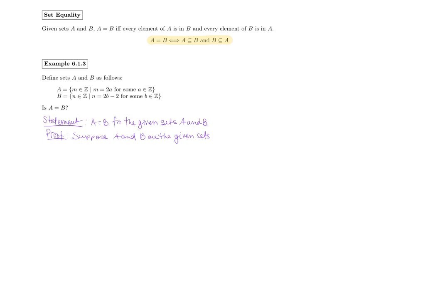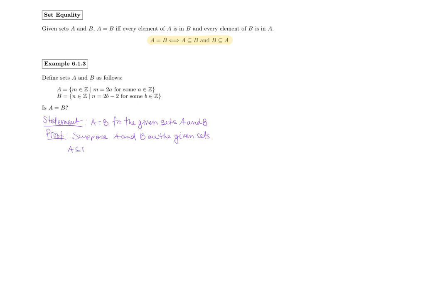Now what we're going to find out when we get into sections 6.2 and 6.3 is that we're going to let A and B be any sets, and we're going to be proving properties that are true or disproving properties that are false for any kind of set. So set relations that apply to all sets.